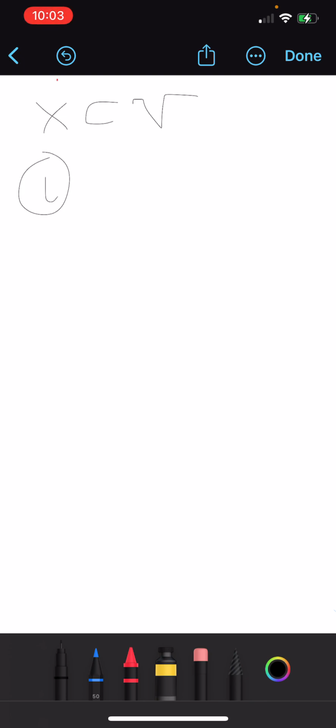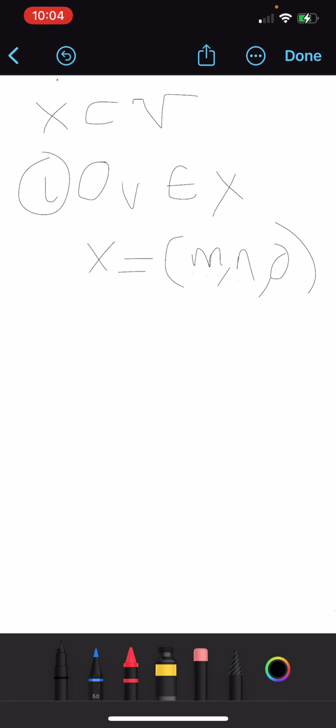The first is that the zero vector is part of X. X can have any elements, but we must also have 0 as part of X. If 0 is in there, then you're good.